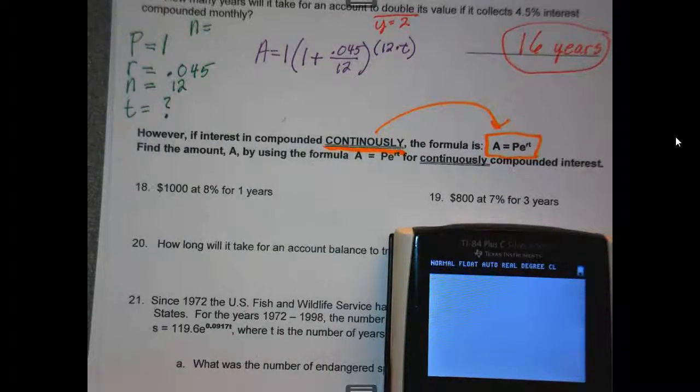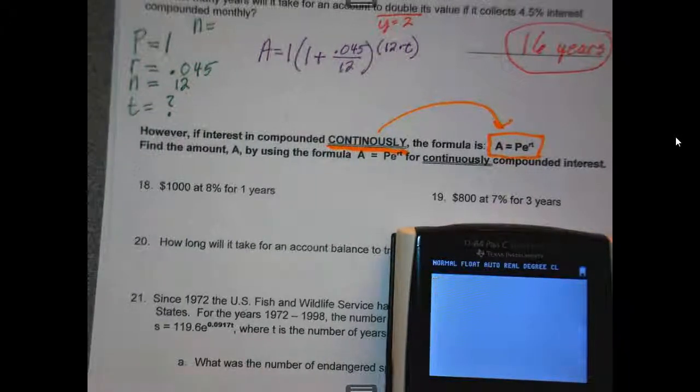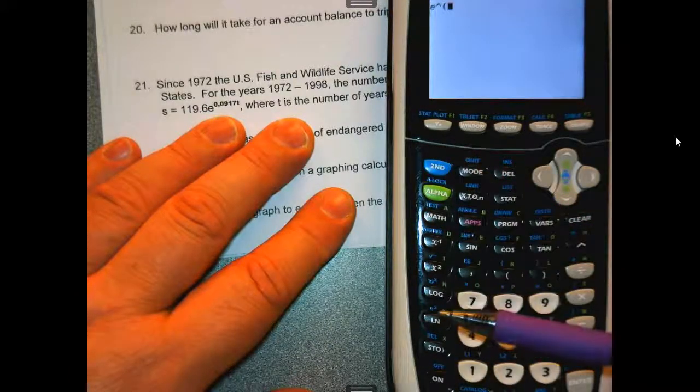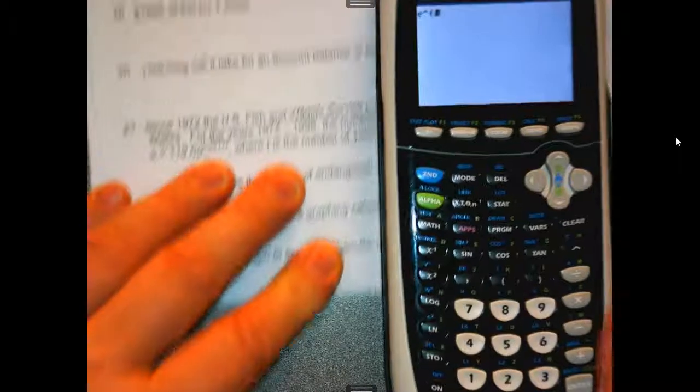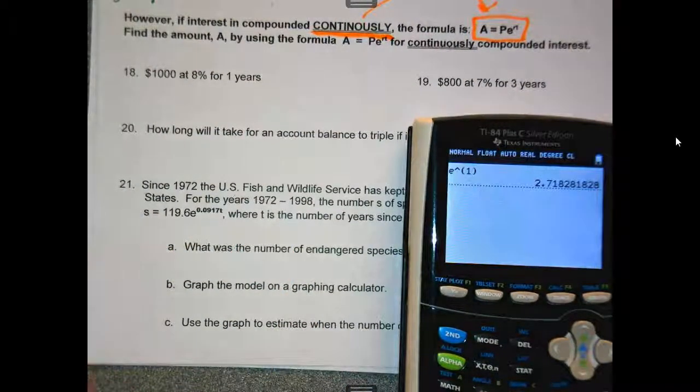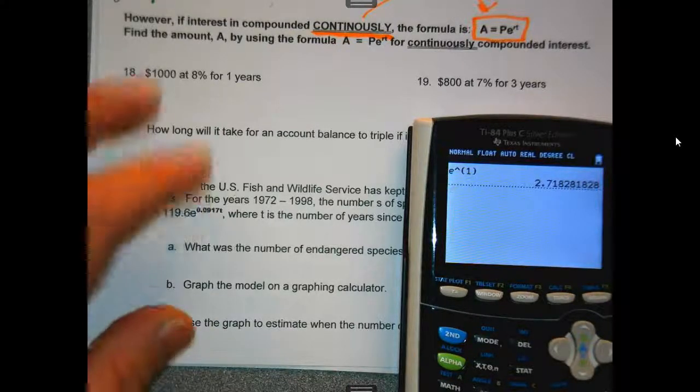The way you get E is you hit second key, the ln key, okay? Second, ln, and it brings up E. If I put E to the first and hit enter, there's the value of E. So it's 2.7182818828, and it goes on forever and ever, just like pi.